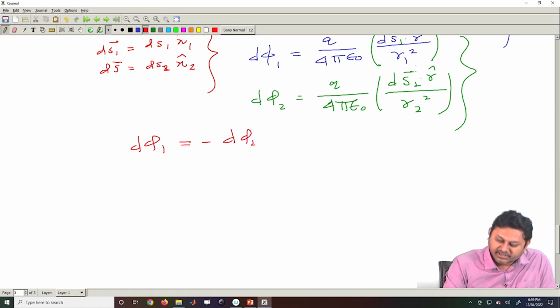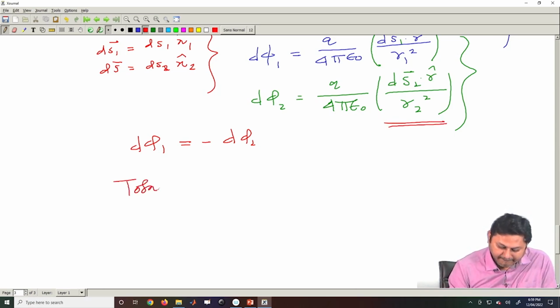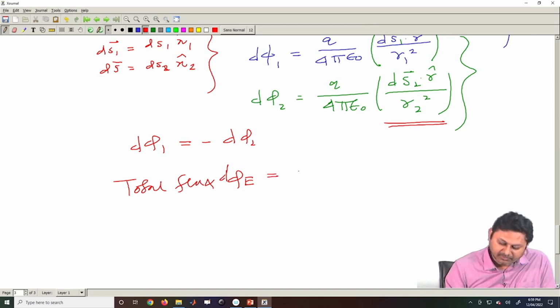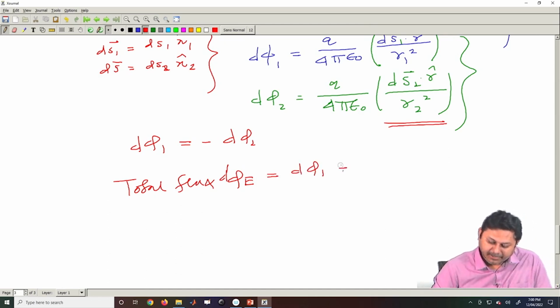The total flux due to this small segment, d phi e, is simply d phi 1 plus d phi 2, and this quantity is 0.